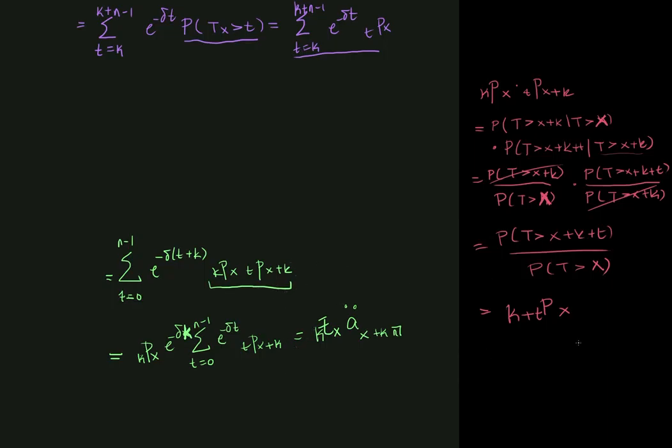So that went really well, just apart from the fact that I don't know the difference between x's and k's. But what we did conclude is the probability of an x-year-old surviving k years multiplied by the probability of an x plus k-year-old surviving the next t years is actually just the same probability as an x-year-old surviving the next t plus k years.